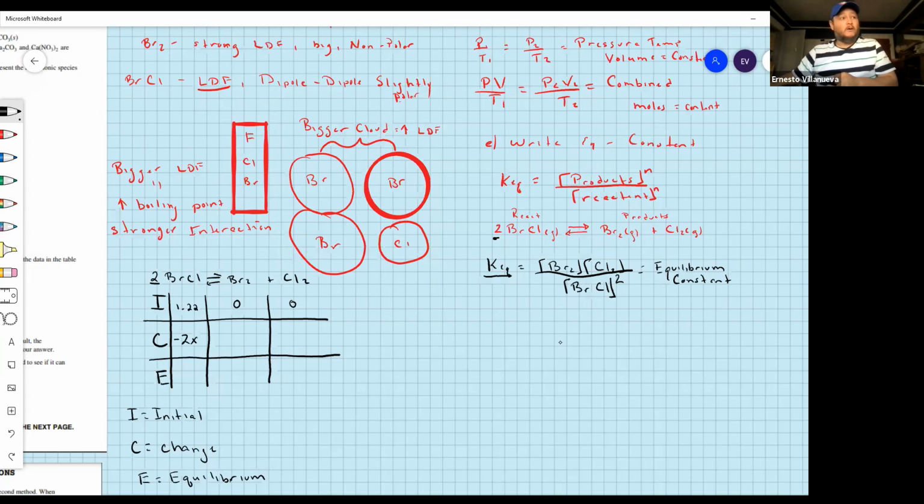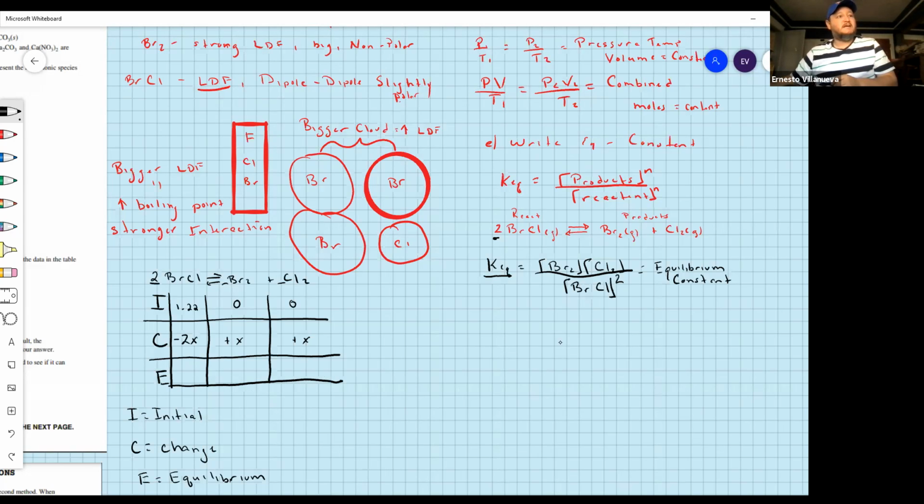Since these guys are forming and there's only 1 mole of each one, this guy's gonna form by a plus x, and this guy is gonna form by a plus x. The equilibrium is how it's changed.